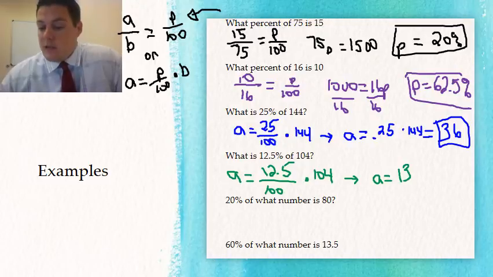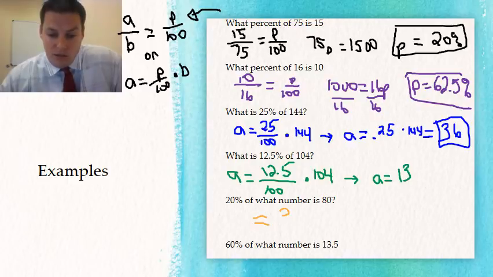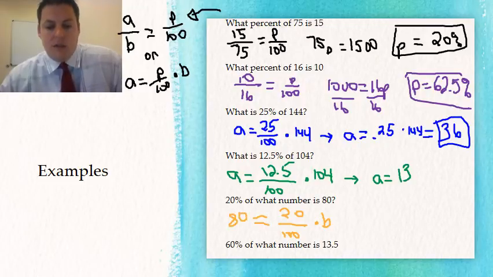Finally, we have these last two examples. 20% of what number is 80? So we are given our percentage, which is 20, so we're going to go ahead and write that in. Of what number? So we're going to leave B here because we don't know it. Is 80. So remember, it's a one-step equation.